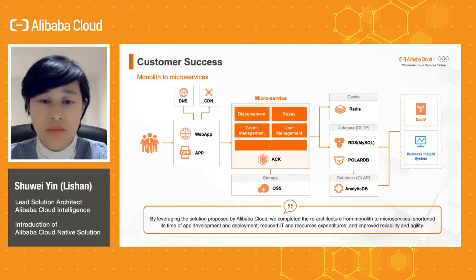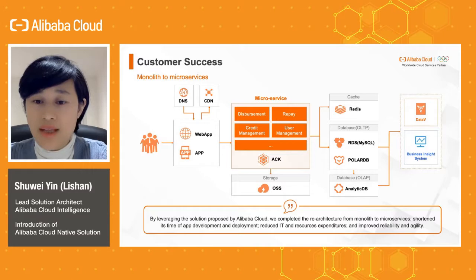This customer is moving from monolith to microservices. The microservice deployed on ACK and some files stored in OSS, using Redis, MySQL, PolarDB, AnalyticDB to store data and analyze data. The service can be accessed by website and mobile application.